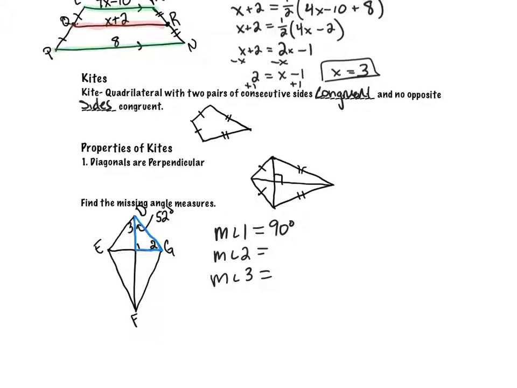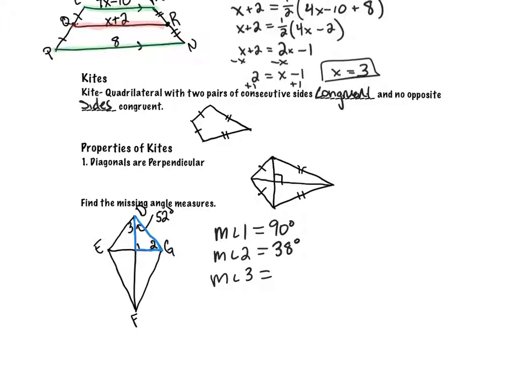I can use that fact from the last unit, that a triangle's interior angle measures always add to 180. Now I know that 1 is 90 and the other angle is 52. I can do 180 minus 90 minus 52 and get angle 2, which is 38 degrees.